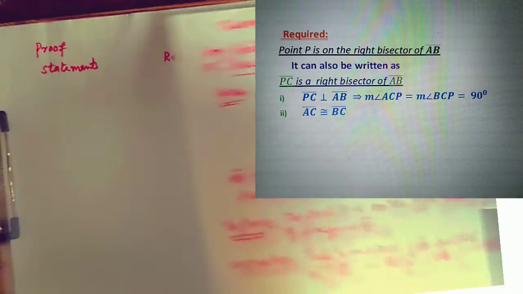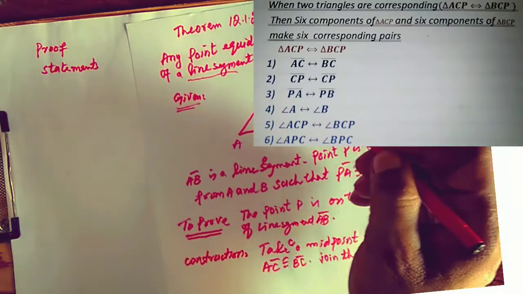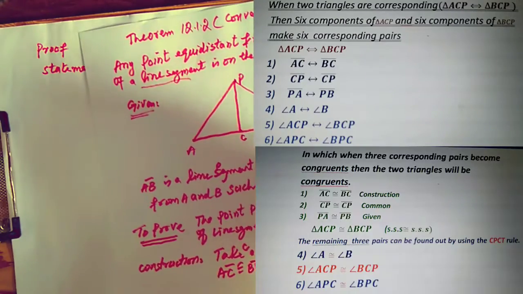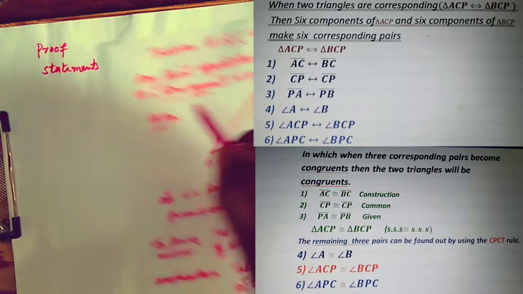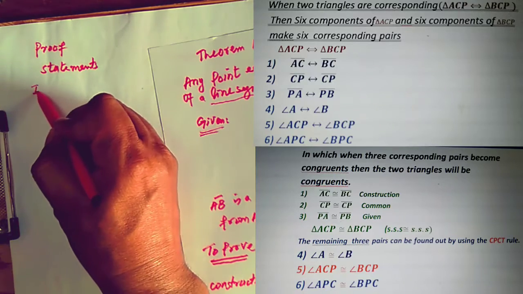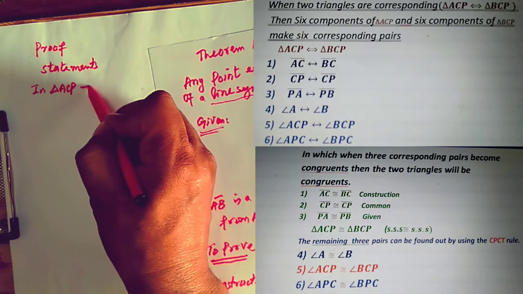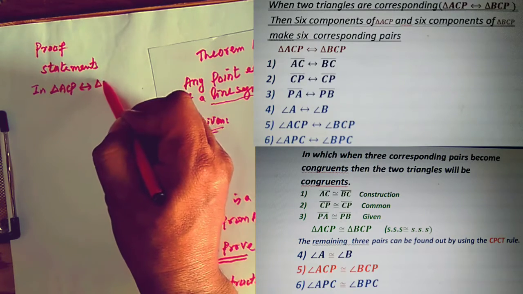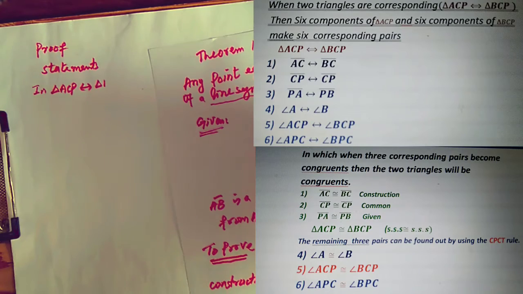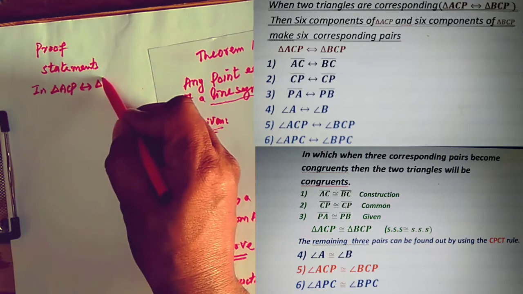Reasons. We take two triangles, triangle ACP and the corresponding triangle BCP.